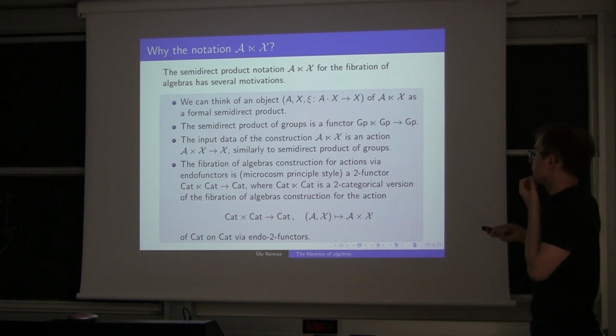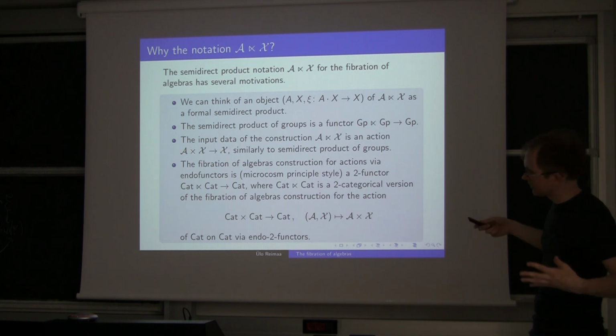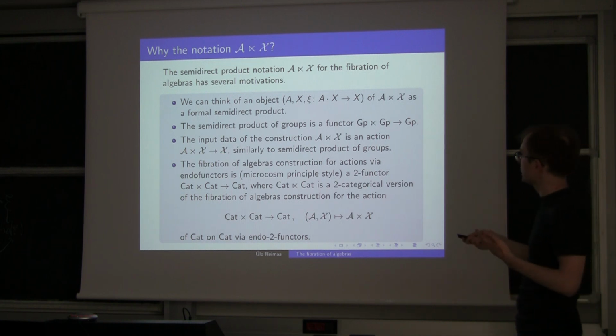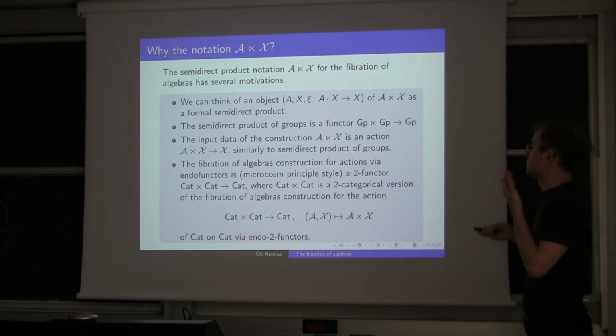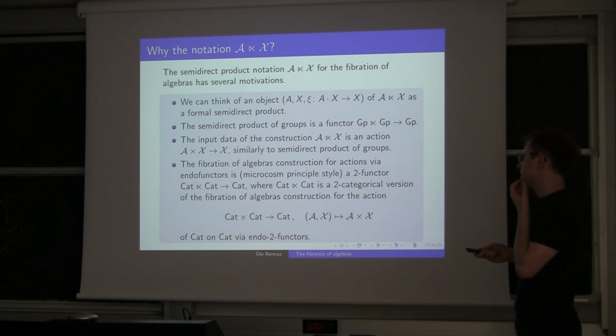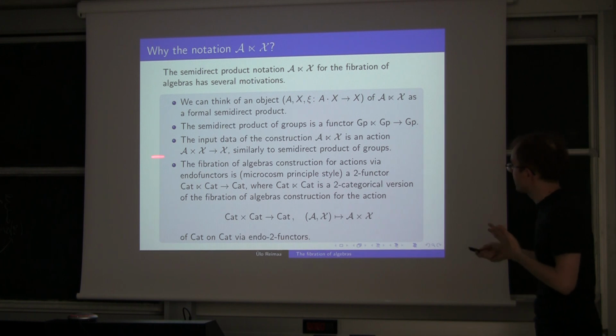But also our construction does depend on some action of A on X. So we are somehow taking this product of the category A with the category X. So again, this makes sense.